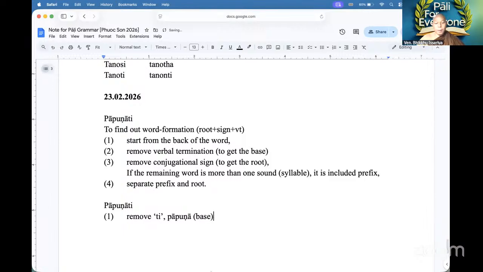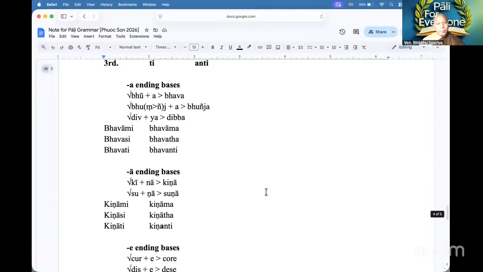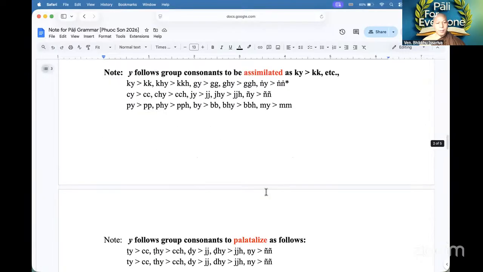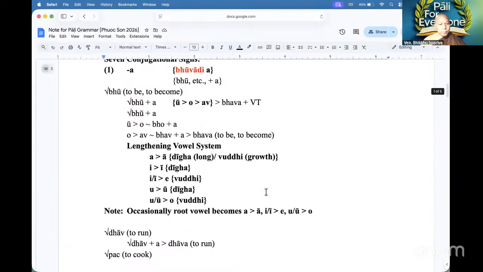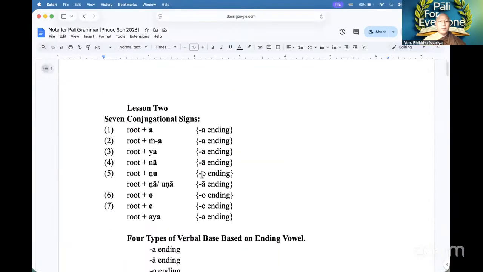And now the second step. This base babuna is ending in the U, so we need to check among these 7 conjugation sign suffixes. You see that babuna is ending in the U, so it cannot be the A sign, and also cannot be the second sign. This sign also cannot be.